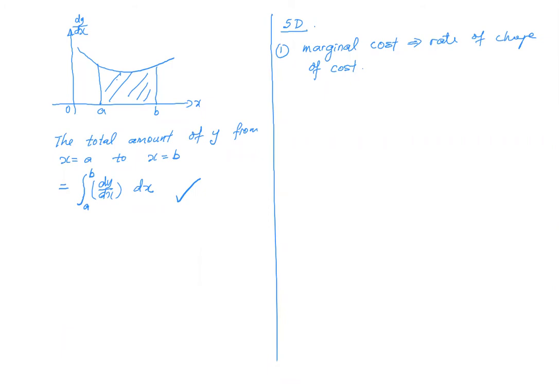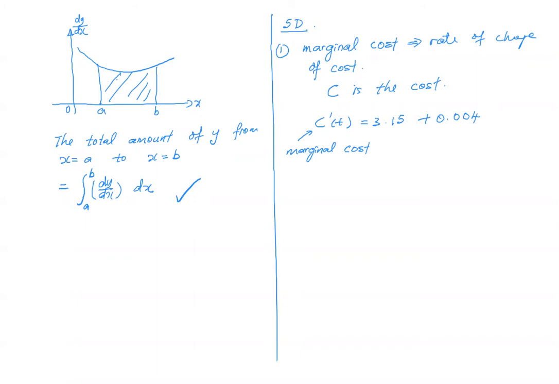So that's why they give you C is the cost. So they give you C prime T. So this is the marginal cost. Are you clear? So next time, they will not tell you that C prime T is marginal cost.